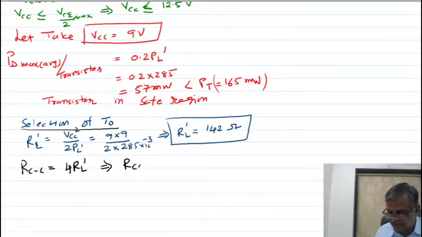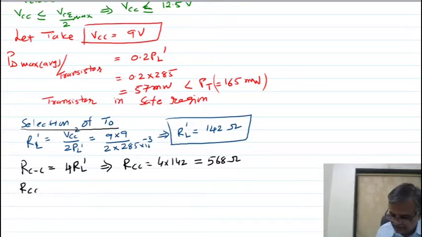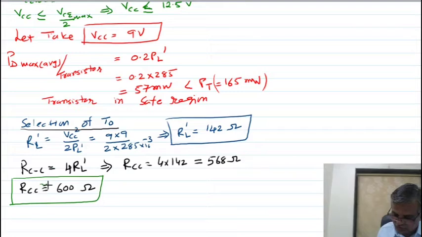So RCC I can write 4 into 142, this is nothing but 568 ohm. Generally in the market a 600 ohm transformer is available. So I am writing 600 ohm, not necessary you should write.